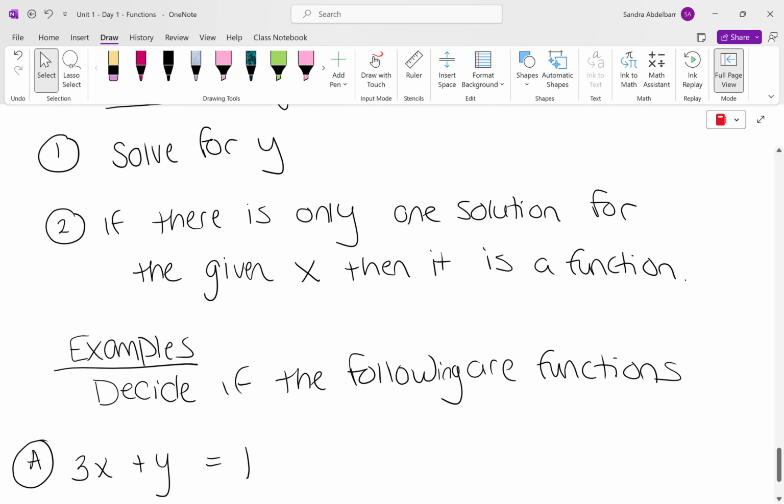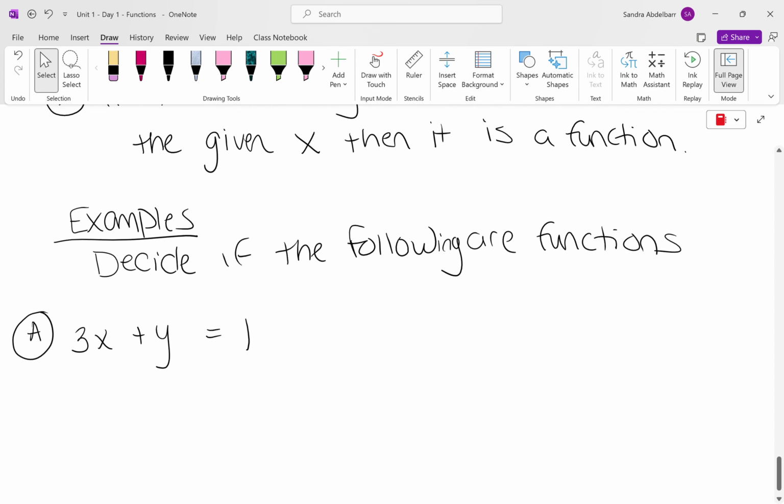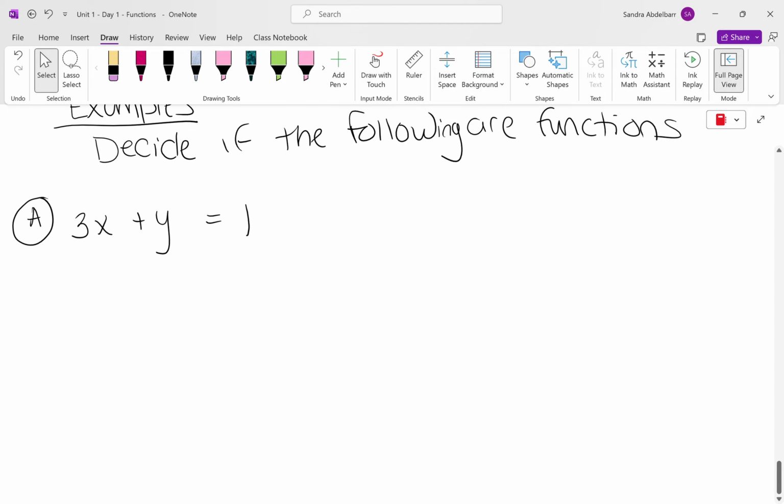What did I tell you to do? Go to your equation and solve for which variable? y. So I'm going to now solve for y, meaning I need to get y all by itself. For me to get y all by itself, don't I have to subtract that 3x over? Yeah, so I'm going to have y is equal to negative 3x plus 1.